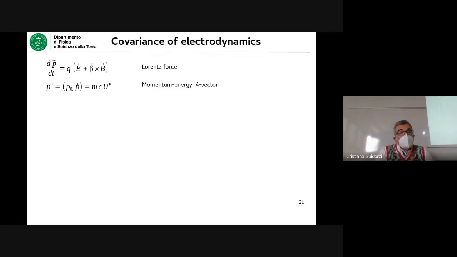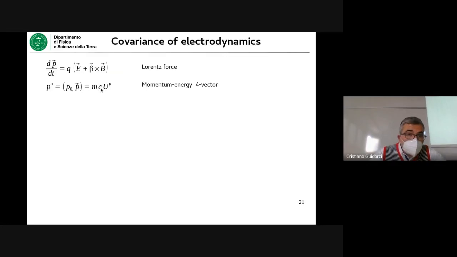Okay, so the momentum, the linear momentum. Well, we know that the momentum is not an object living on its own. It's part of a four-vector, which is the energy-momentum four-vector, whose contravariant component is written as P mu. Just to remind ourselves, P mu can be thought of as a temporal component, which is energy over c, if you want, of course, a homogeneous quantity, and the real momentum.